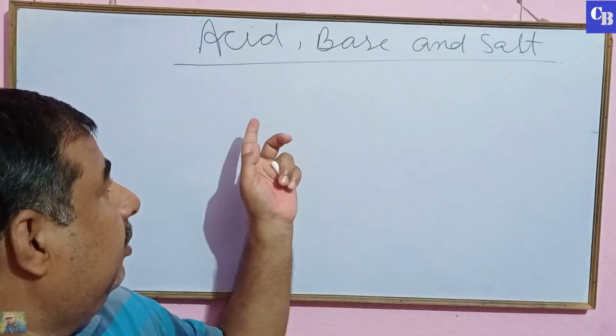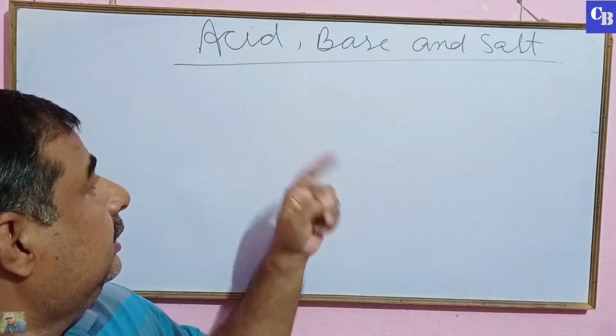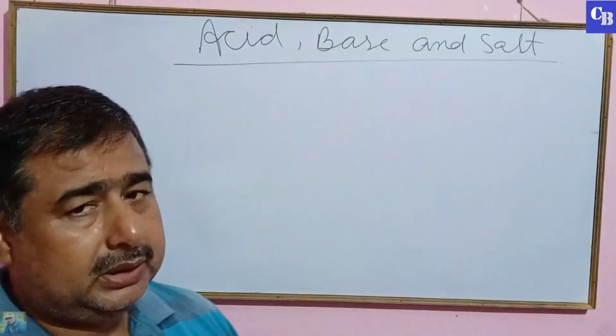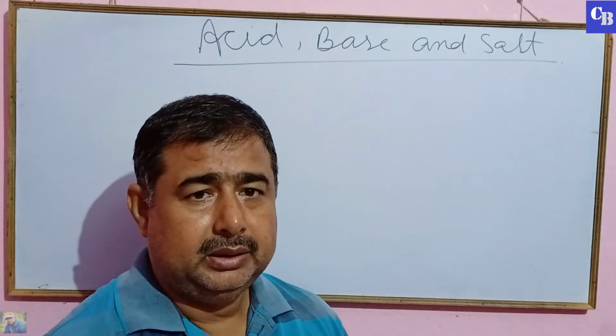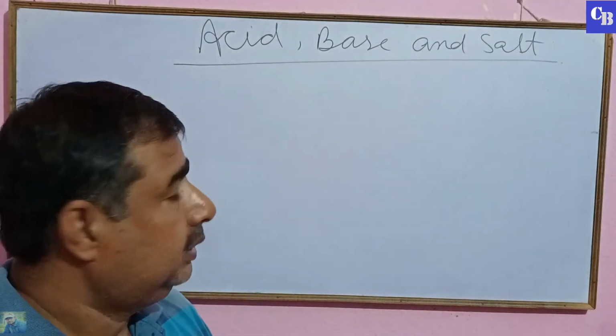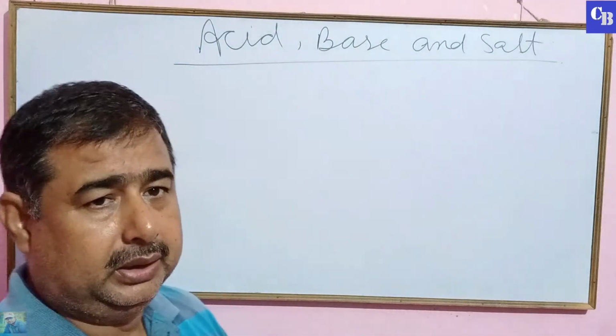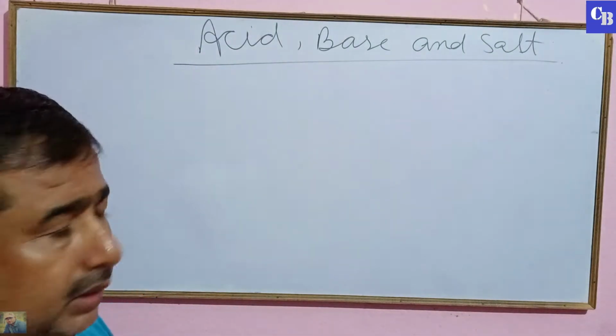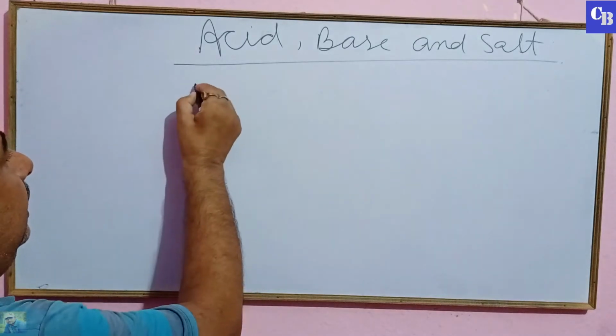But the chemical which is used to test whether a given substance is acidic, basic or neutral is called an indicator. So you will learn today about the indicator.